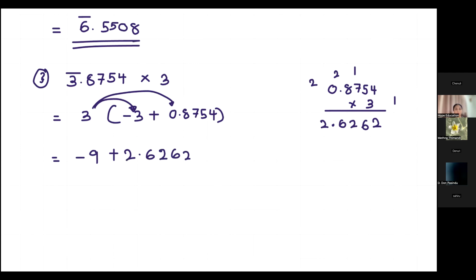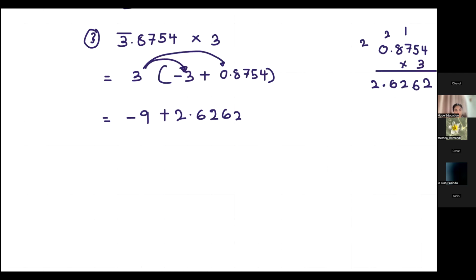Then what do we do? Now we have another characteristic here. What I do is write this minus 9 as it is, but this one I'm going to separate into characteristic and mantissa. So plus 2 plus mantissa 0.6262.